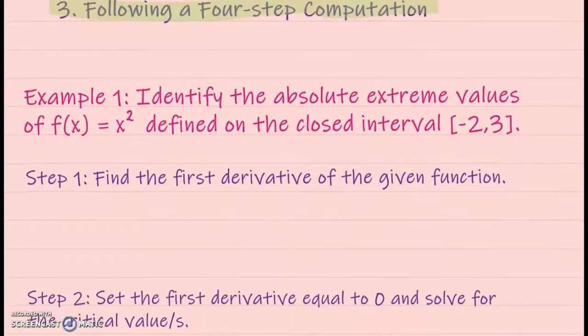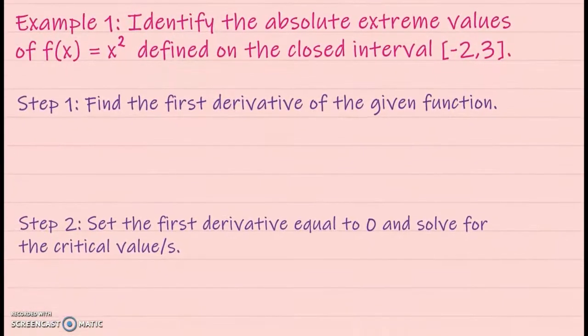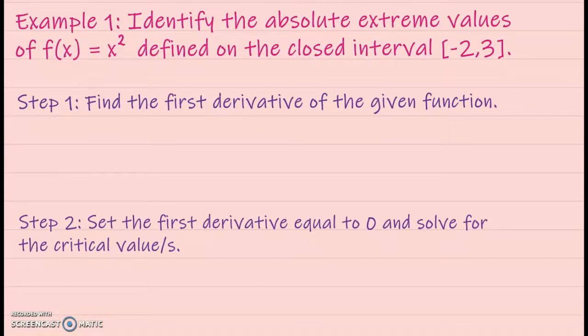Now let's have our first example. Identify the absolute extreme values of f of x equals x squared defined on the closed interval from -2 to 3. So step 1. Find the first derivative of the given function. Our given function in our example is f of x equals x squared.